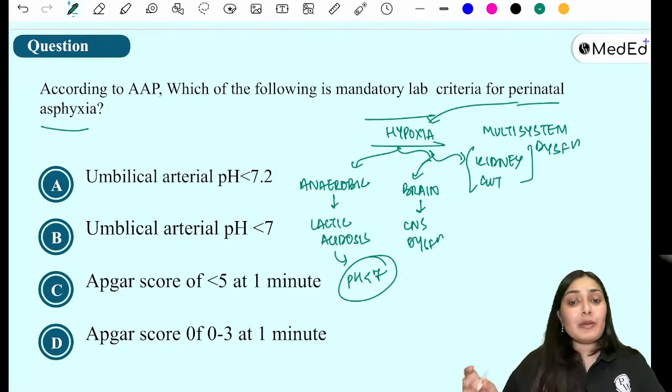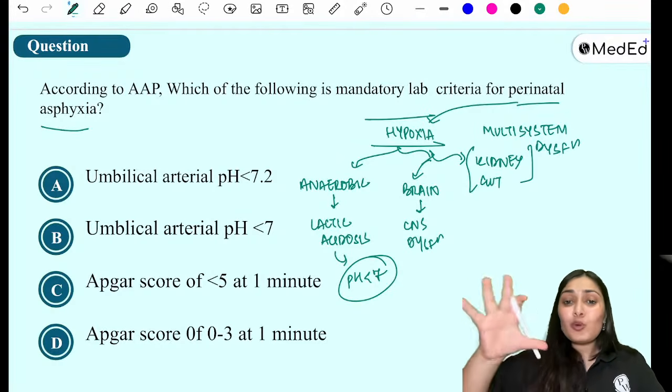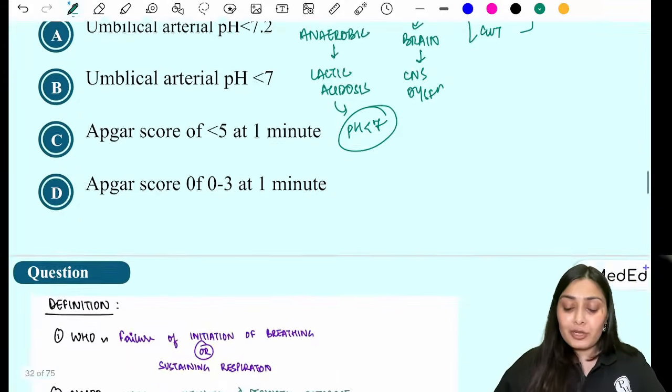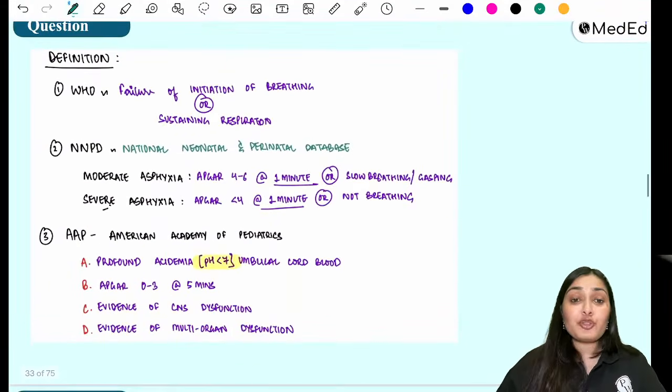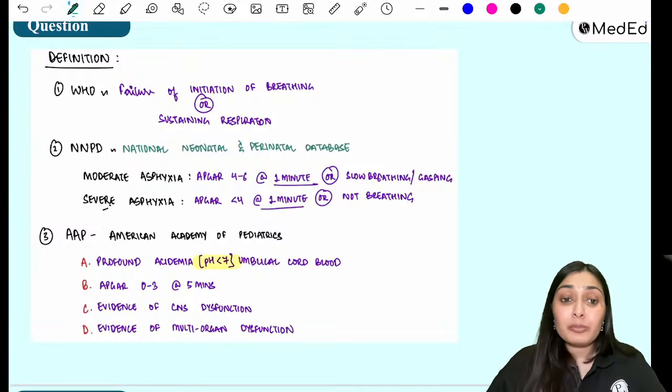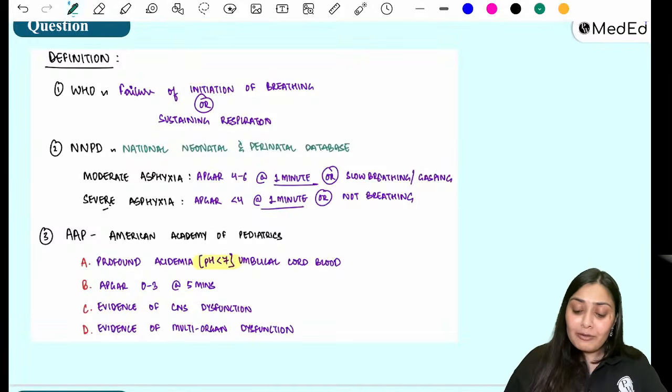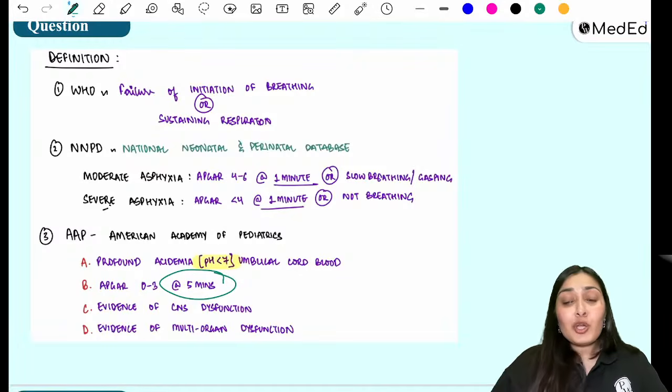So AAP, American Academy of Pediatrics, included this pathology only in its definition. Firstly, it said that there should be profound acidemia, pH less than 7 in the umbilical cord blood. APGAR score at 5 minutes it used, right? So 0 to 3 APGAR score at 5 minutes, evidence of CNS dysfunction, evidence of multi-organ dysfunction.